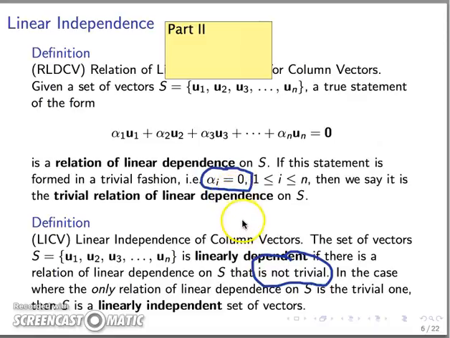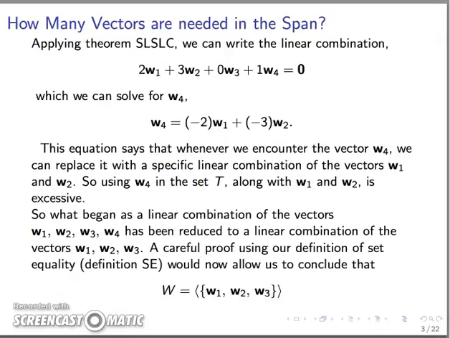That should also be contrasted with cases that we discussed before. Specifically, we were motivating this with an example in which one of the vectors was expressed in terms of the other vectors, and then we did this repeatedly. We did this 2 times, and we were able to come up with a smaller subset.